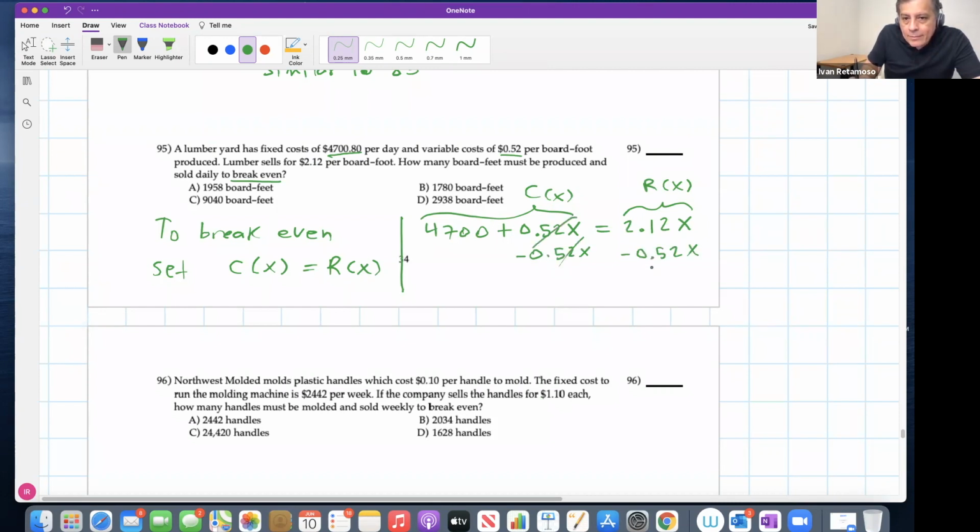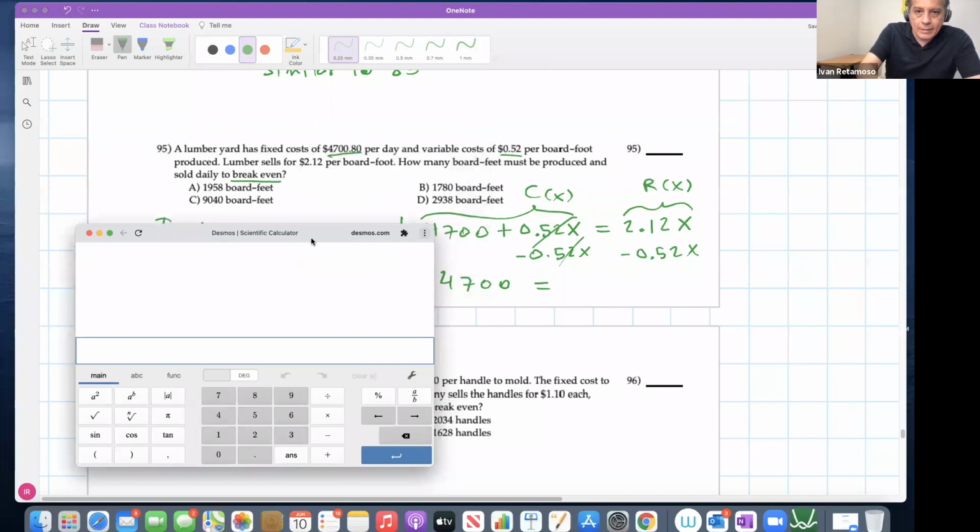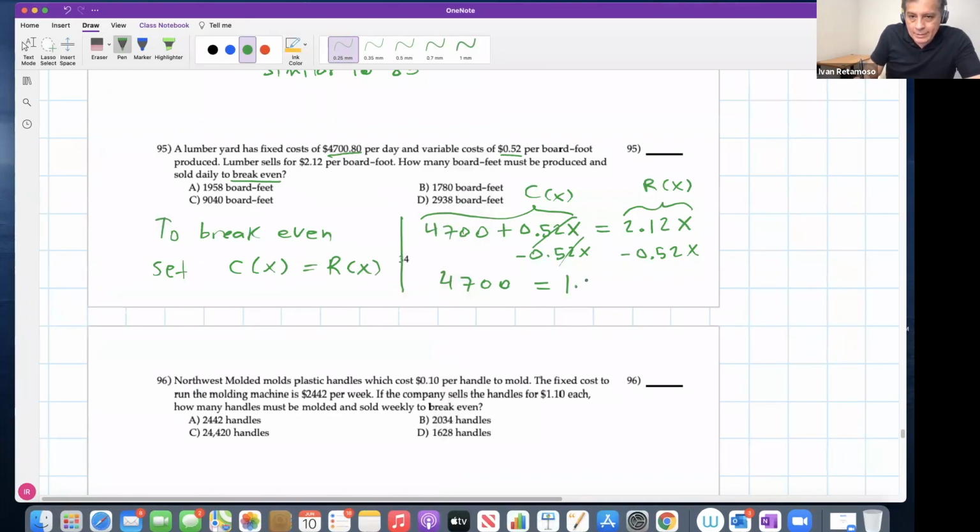Here you will get 4,700 equal 2.12 minus 0.52, that is 1.6, right? 1.6X or 1.60X, the same. Dividing both sides by 1.60, what you're gonna get is the following.